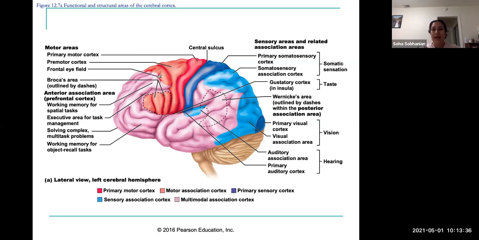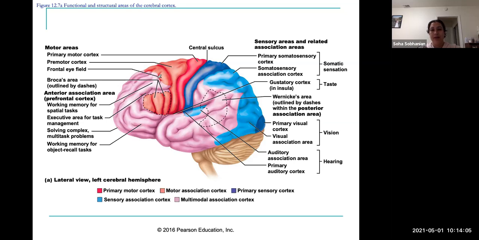Another question that I can ask you, let's say, which of the following parts of the cerebral cortex is responsible for collection of data from your eyes. It's really hard to type and talk at the same time for me.